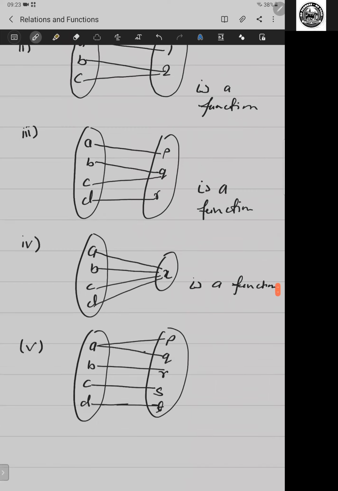But in the last case, you see, A is having two images, and a pre-image cannot have more than one image.